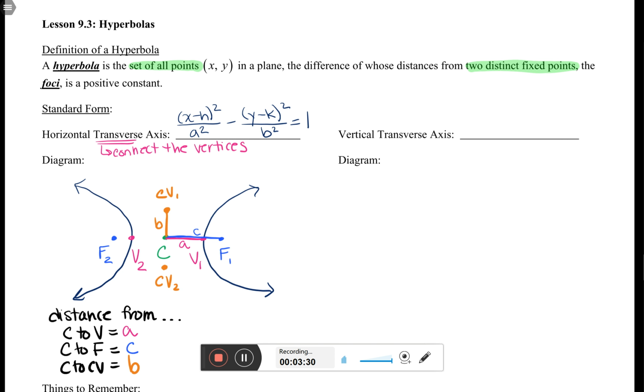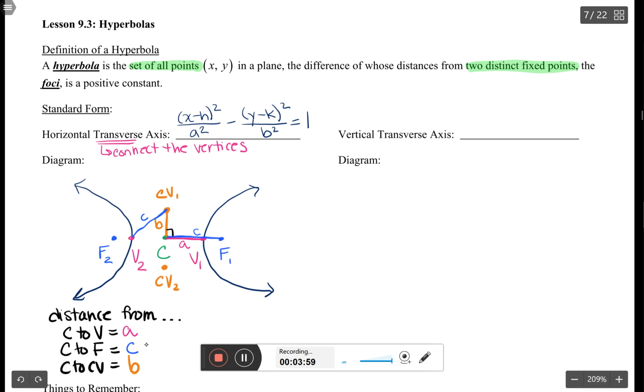Now we can actually form a right triangle. We can see that the segment from the center to the co-vertex and the center to the vertex are perpendicular. This forms a right angle. And that value of C, if I were to connect that length C, is the same distance as from the co-vertex to a vertex. So that is also the same length as C. Sorry, that segment's kind of crooked.